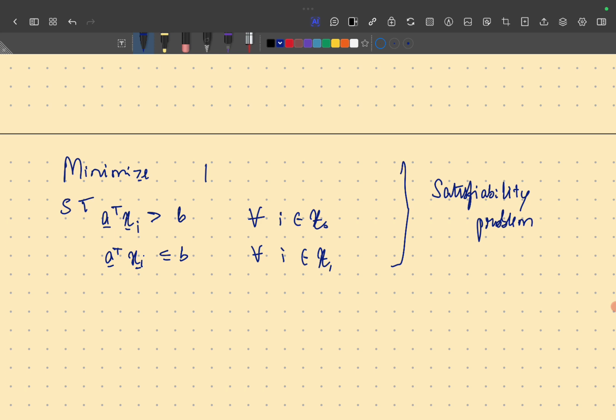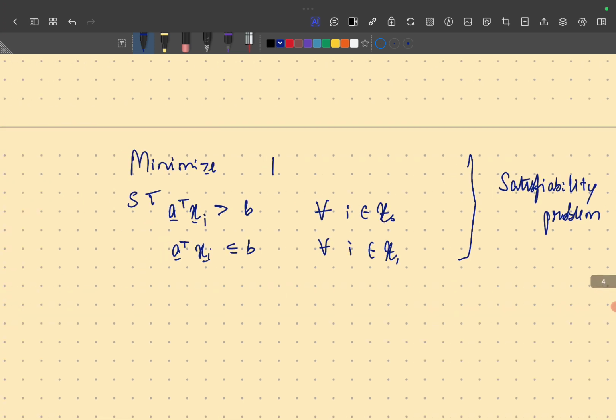In fact, any satisfiability problem can be posed as a problem of minimizing a constant function subject to the constraints that you want to satisfy. But there is a problem with most satisfiability problems, in that they may or may not be efficiently solvable.